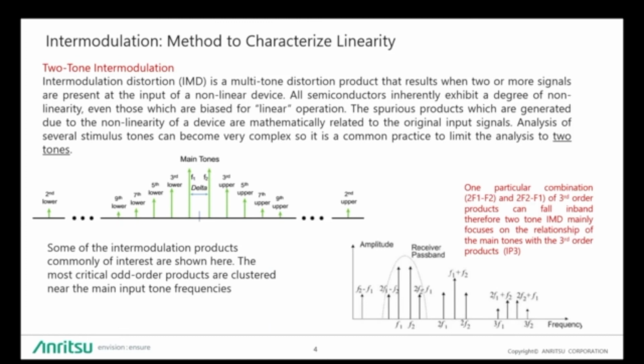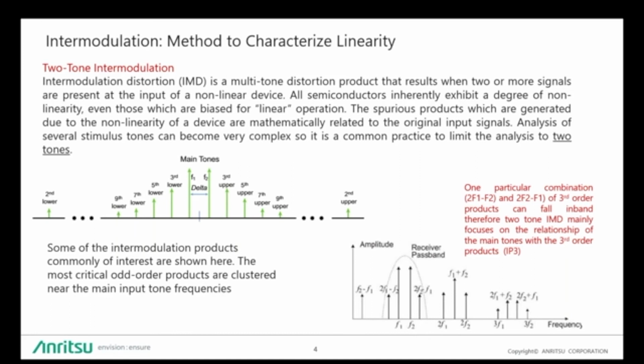So how is IMD carried out? Basically, it involves injecting two or more signals into the input of a nonlinear device. In this case, it's an amplifier. You can inject more than two tones also, but as you can imagine, the math becomes very complicated. So generally, it's an acceptable practice to just inject and carry out the analysis with two tones.